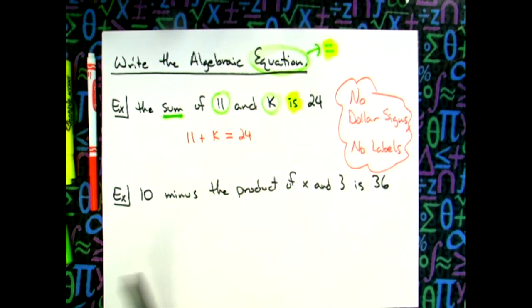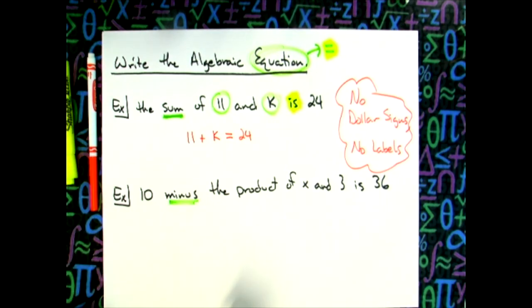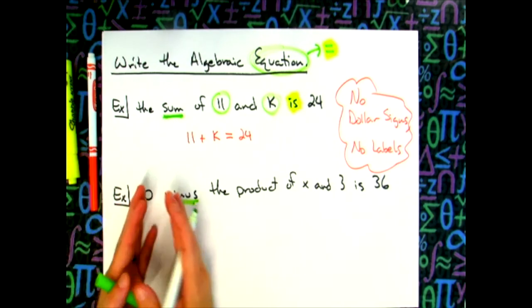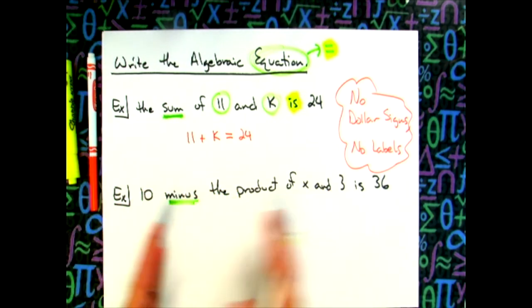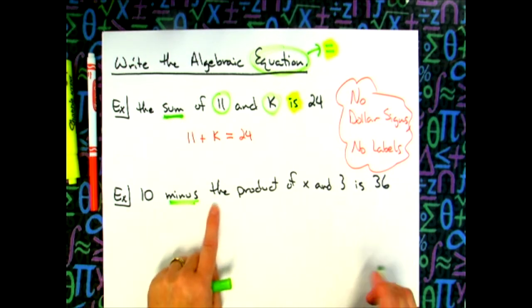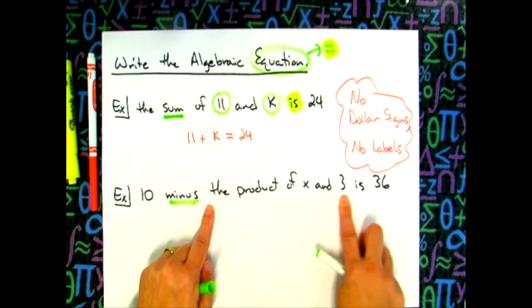We're going to see the word minus right here. Again, is that add, subtract, multiply, or divide? That's subtract. So I know I've got to subtract, and I'm taking 10 minus all of this stuff over here. So again, I've got to read left to right. Now what am I minusing? The product of x and 3.